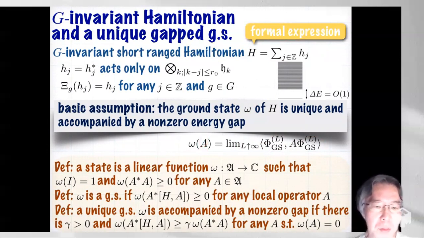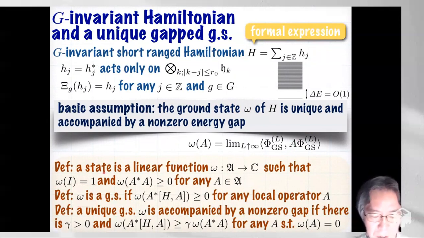Okay, so in general, in this C-star language, a state is a linear function omega from R to C such that these properties are satisfied. So this omega gives the expectation value of a local operator A in the state you're considering. And okay, so here's the definition of a ground state.